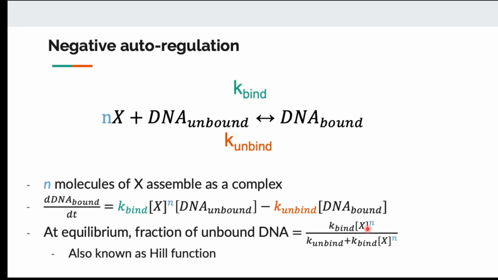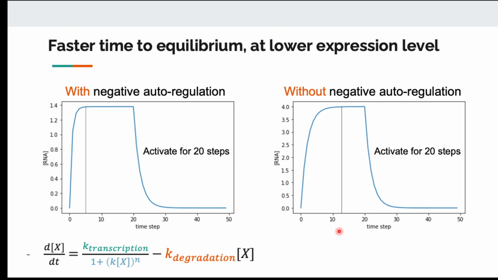So this formula describes the fraction of active or inactive DNA that can transcribe the gene. If we plug this back into the differential equation for gene X, the transcription is based on the transcription rate, which is a constant, multiplied by the fraction of DNA that is active, that is not bound, that is unbound.